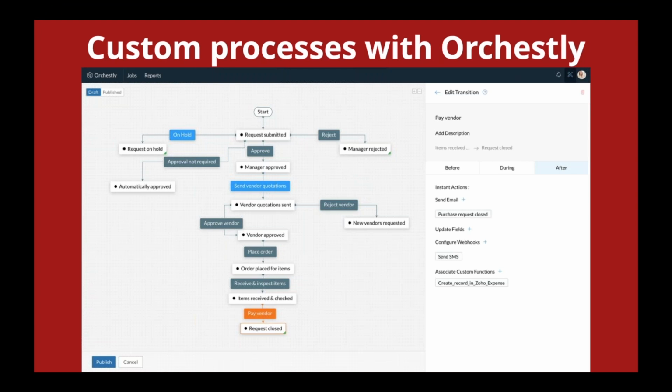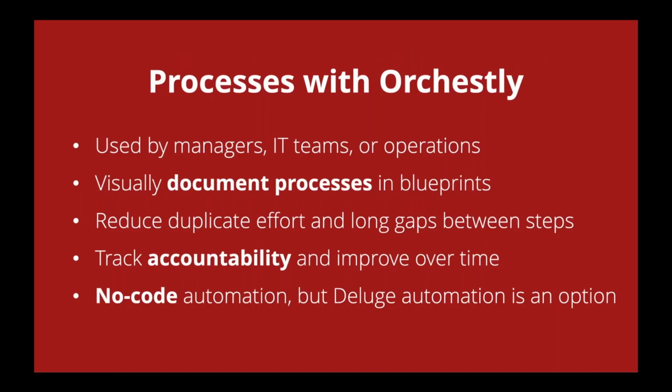You just use it to structure a complex process that may involve a bunch of different steps or touch a bunch of different people. Basically, Orchestly lets you keep track of how your process works, but also lets you see how efficiently a process is running, and it's passing notifications along as that process is happening.